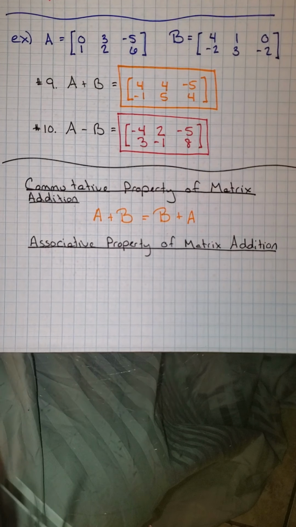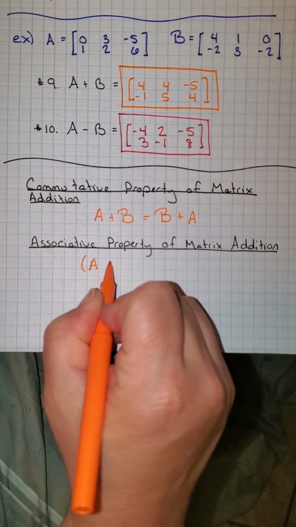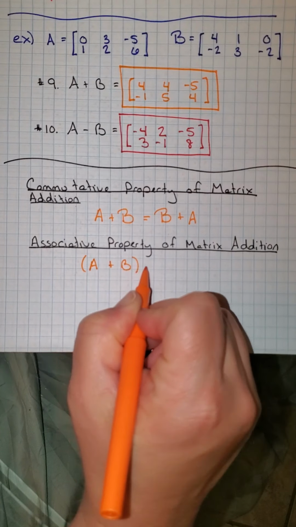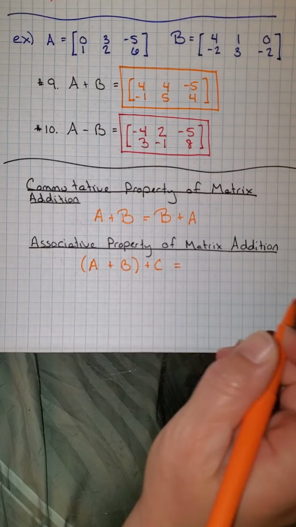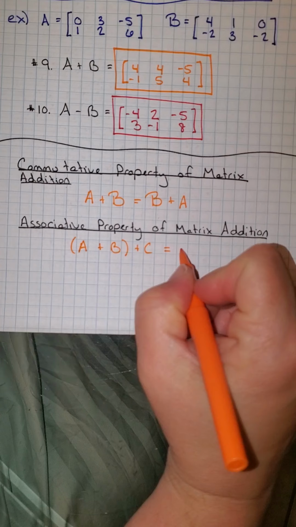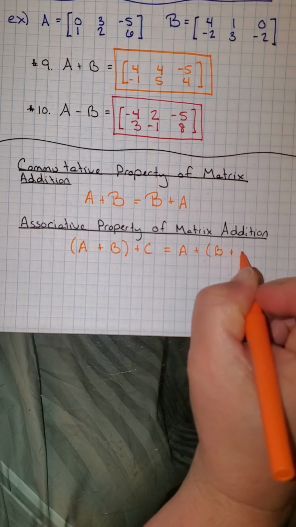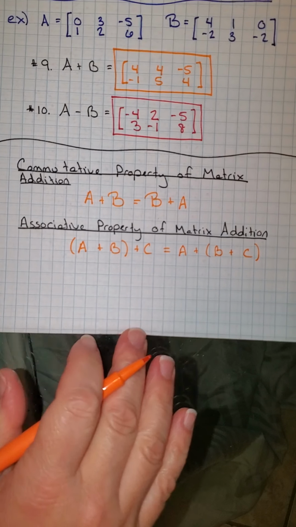Okay, so if you have A plus B in parentheses, and these are capital letters, so they're matrices, and then you're adding C on the outside, it's okay if you move the grouping symbols. So like A could be alone, and then you add B plus C in the parentheses.